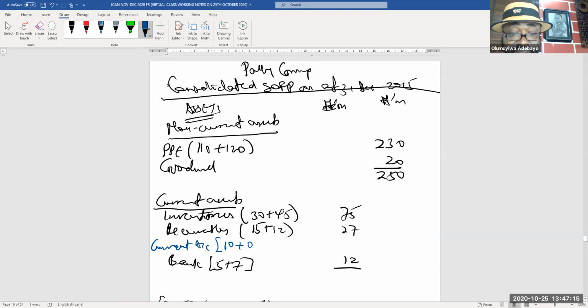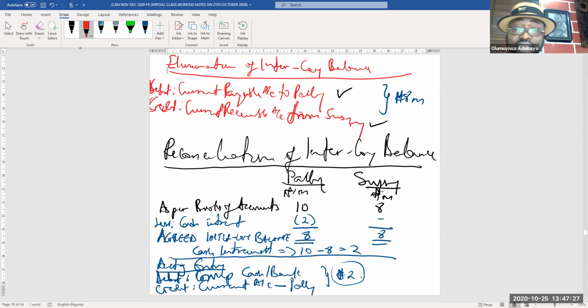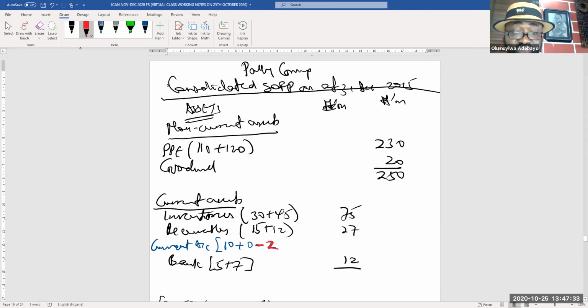When you credit an asset account, what are you doing? You are reducing it. Let me use red. And later on, we're now told that we should go further to eliminate the balance, which is the 8. Remember, once you have removed 2 from 10, it remains 8. We are now saying that we should cancel out the 8. And that's how it comes to 0.